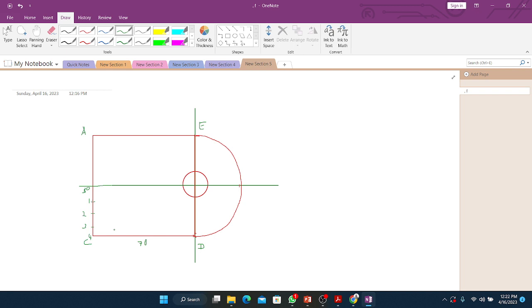This way you can mark. Then this one also you want to divide into 4 equal parts. Say this one is 0, 1, this one is 2, this one is 3, this one is 4.